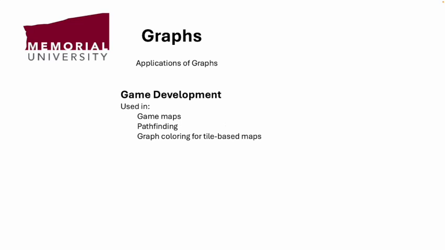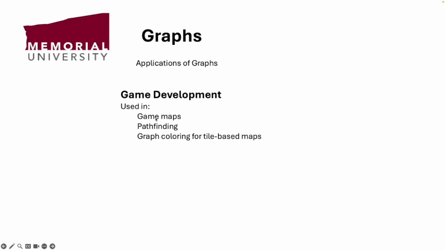Game development uses graphs a lot, highly used and very complicated, including visualization. If you play a game, it has a map. If you go from one direction to another, there's an algorithm to find the right path, and it's all built on graphs.